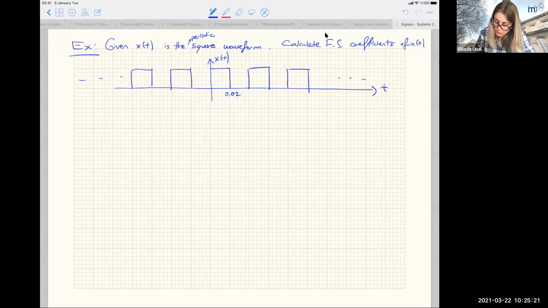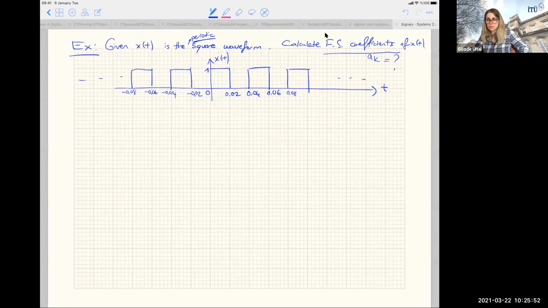So 0, 0.04, 0.06, etc. So minus 0.02, minus 0.04. Okay, I think that makes the point. Let's make the amplitude 1. This is obviously a periodic signal, so I can really talk about its Fourier series coefficients, AK. We are after AK.